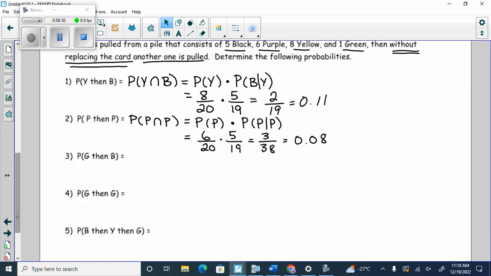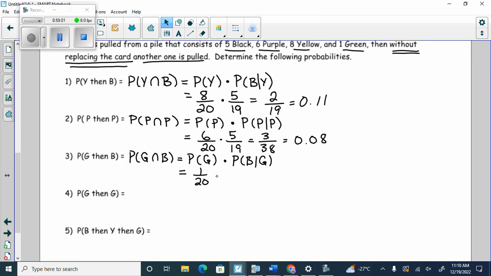So this one is green and then black. So we need the probability of green and black equals the probability of green. I'm holding the green now. And then the probability of black, given that I'm holding a green. That's all that means. How many green are there? How many green? 1 out of 20. I'm holding a green.